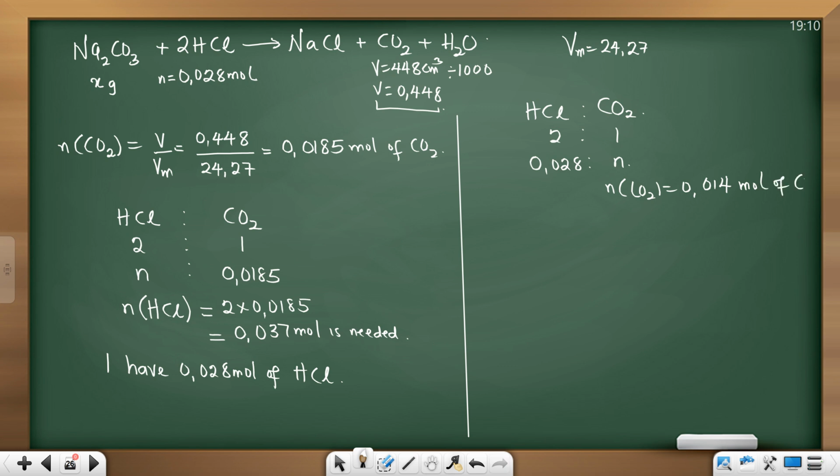Okay. So we're saying, if I have 0,028, let me put that down for you. 0,028 moles of HCl should produce 0,014 moles of carbon dioxide.